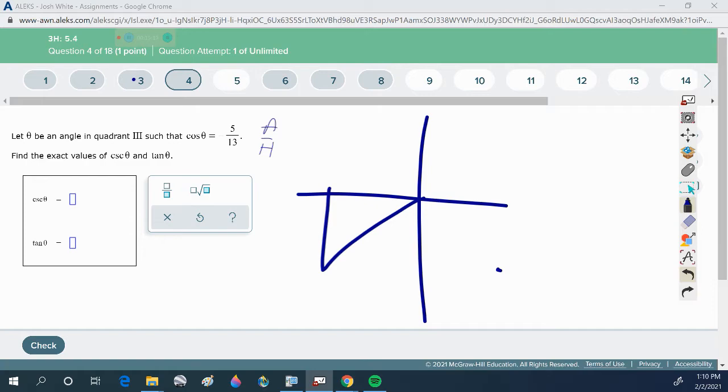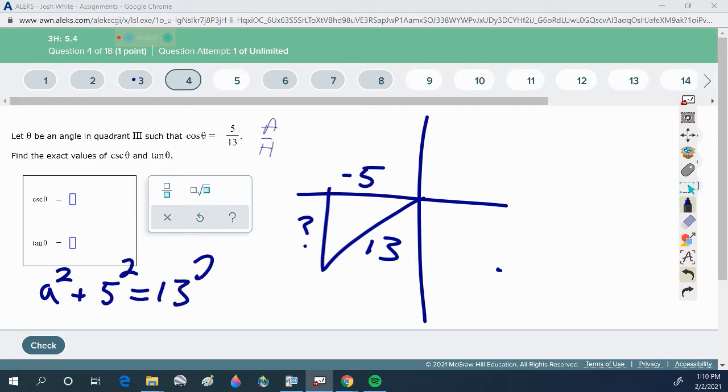So how do I know that it's negative 5, 13 and not 5, negative 13? H is always positive, and we're in quadrant 3, so the x value has to be negative. So I need to find this value. So a squared plus 5 squared equals 13 squared. A squared plus 25 equals 169. Subtract 25.